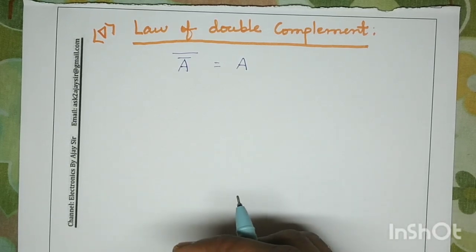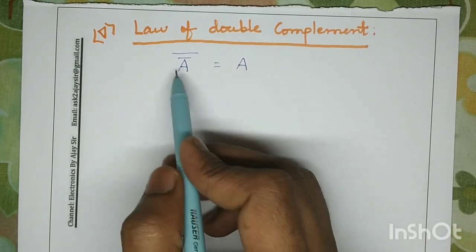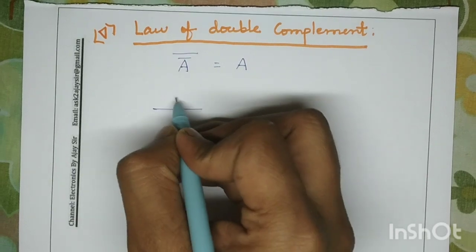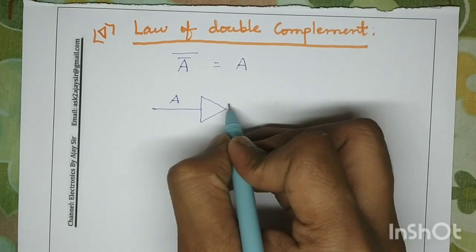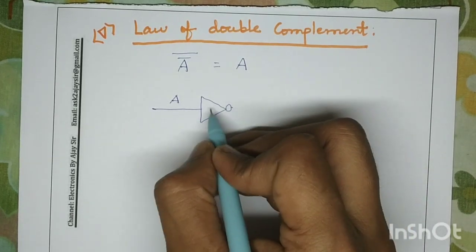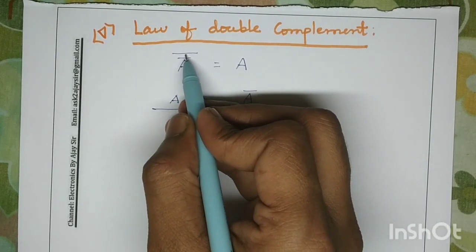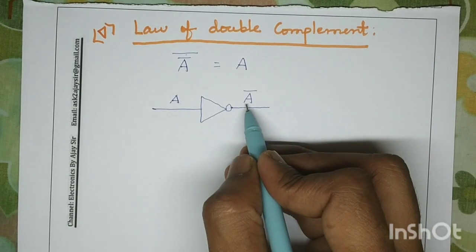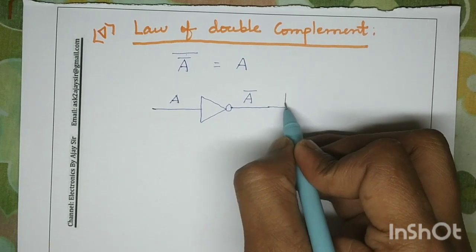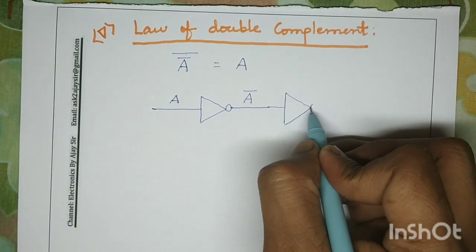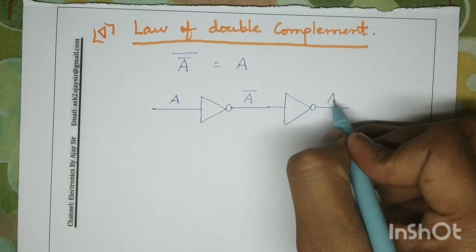So in order to make the circuit level implementation of this expression, let's suppose first I have the signal A. It has to pass through an inverter circuit in order to generate the A bar. Now the complement of A bar is equals to the A. So in order to generate the complement of A bar, this A bar signal again needs to pass through an inverter circuit, and it will give you the output A.